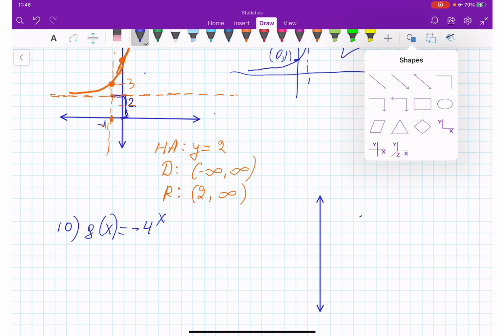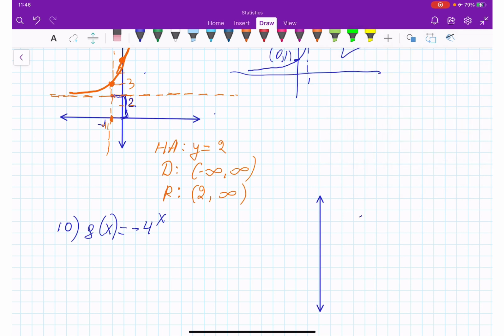This is 1. This is 2. If we would have positive 4 to the power x, we know it would be 1, 2, 3, 4. This is 1 point, 1 point, and the graph would come like this. Right? 1 and 4. But we have negative 4 to the power x.